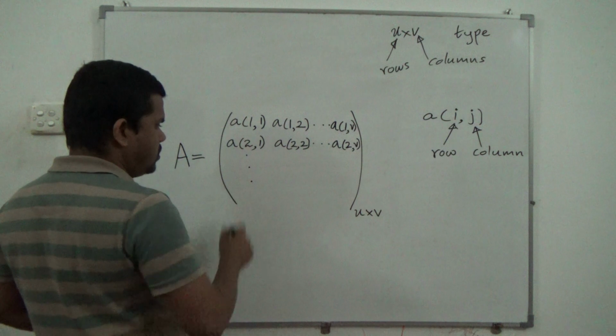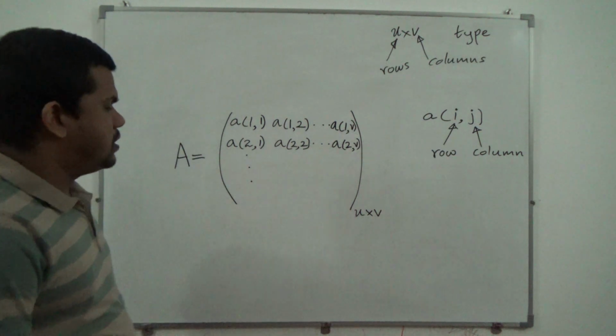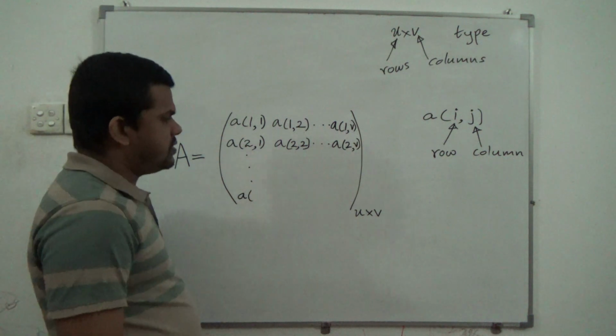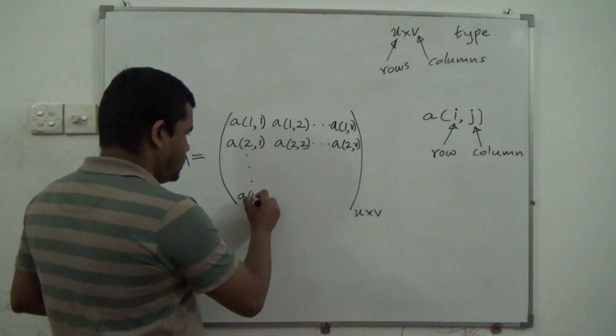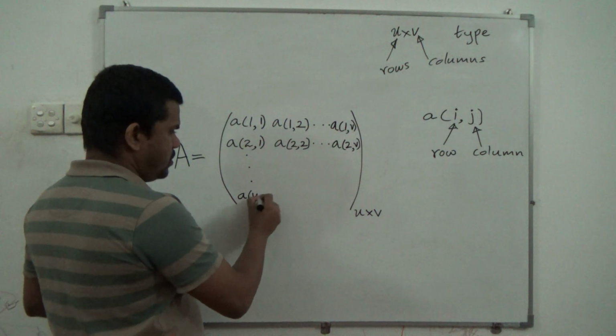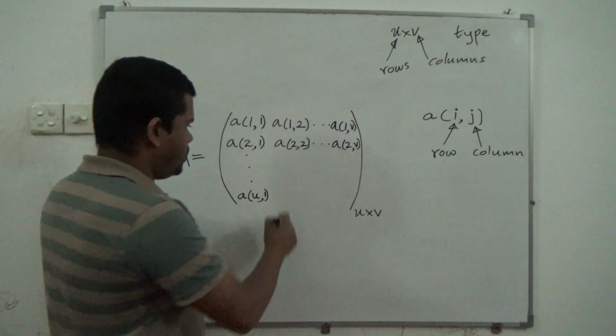So now let's consider the last row of the matrix. Here a, since there are U number of rows, row number is U, column number 1. This is the first element of the last row.